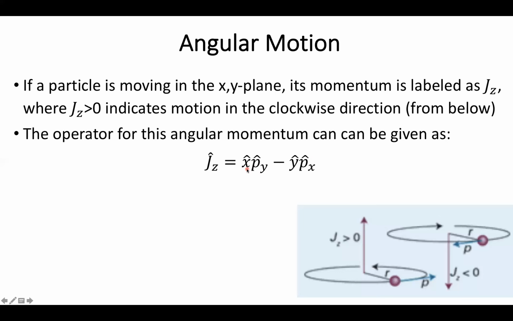But one of the things that we can notice is that it's essentially going to be combined by applying our x position operator on our y momentum and our y position operator on our x momentum. And essentially by pairing these together, you get angular momentum.